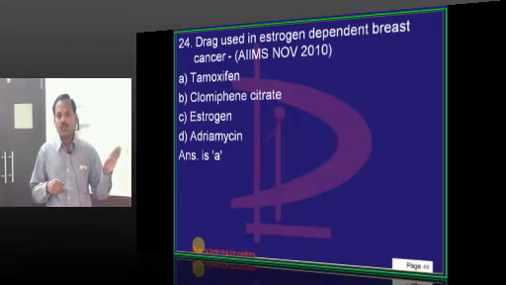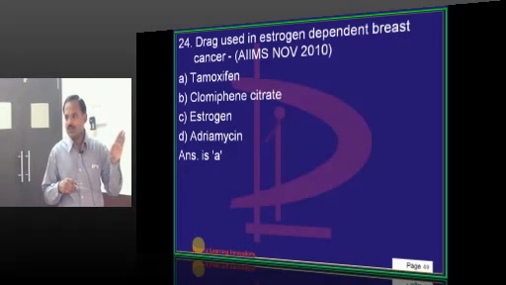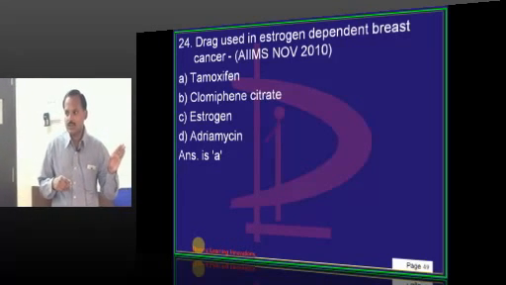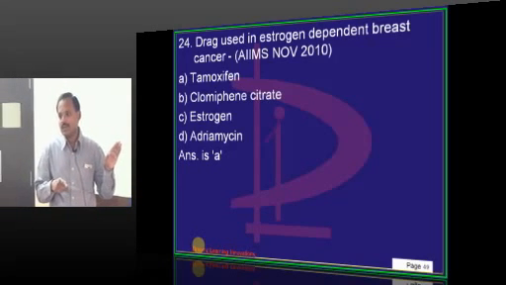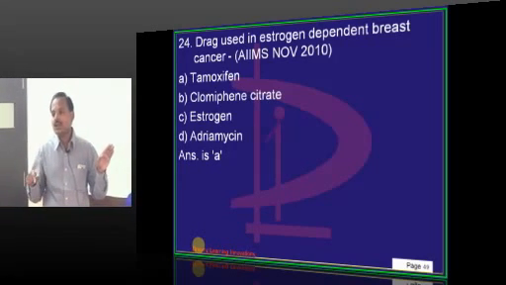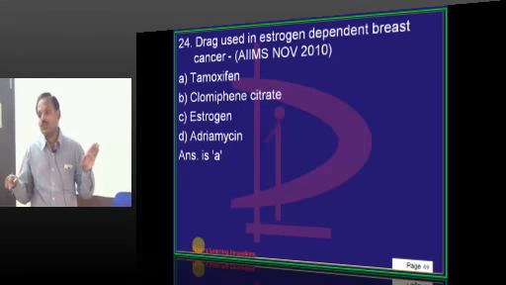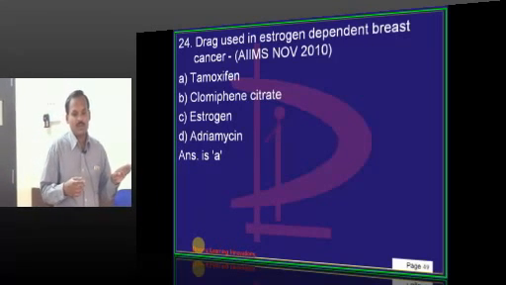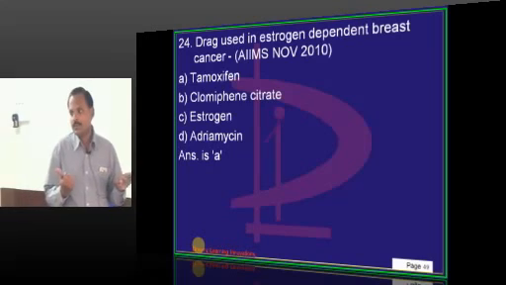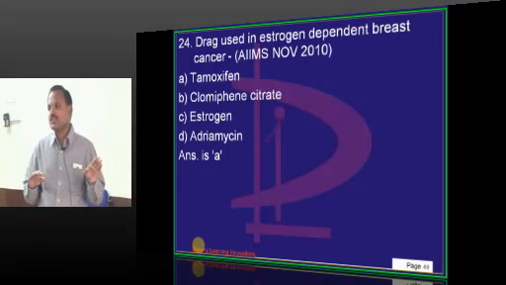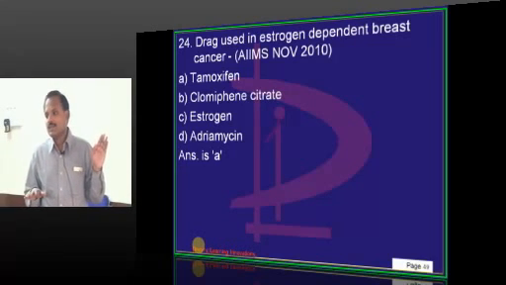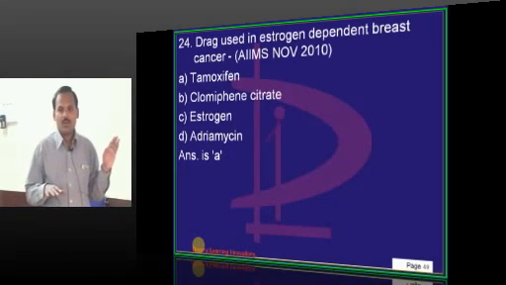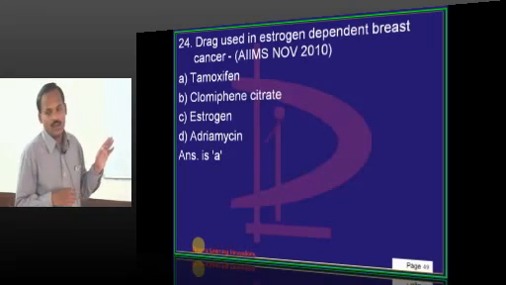They will not be allowed to grow under the influence of estrogen because tamoxifen is blocking estrogen action in the breast, but it will continue to stimulate the endometrial estrogen receptors and lead to endometrial proliferation and endometrial carcinoma. So, the risk of tamoxifen is endometrial carcinoma. If the woman is hysterectomized, it is safe, but if she has an intact uterus, we should be careful with tamoxifen because it increases the risk of endometrial carcinoma.